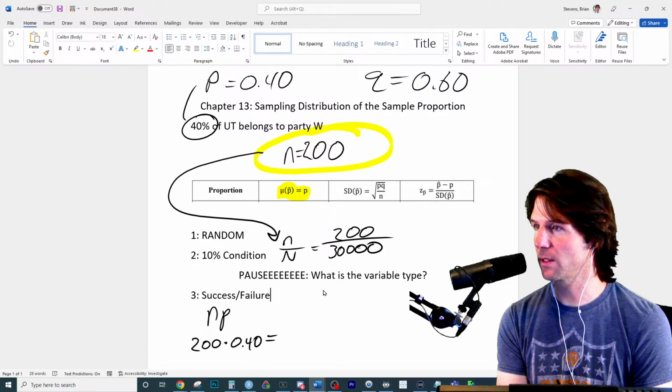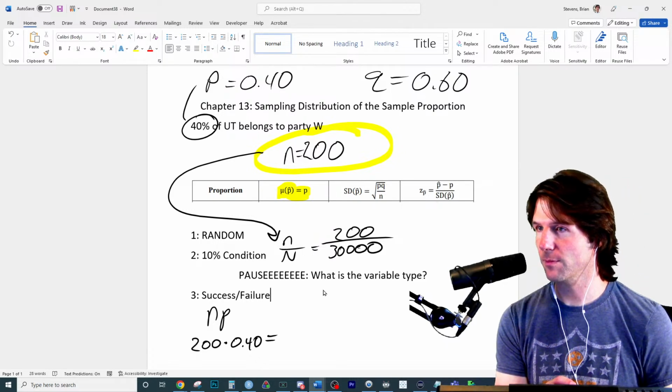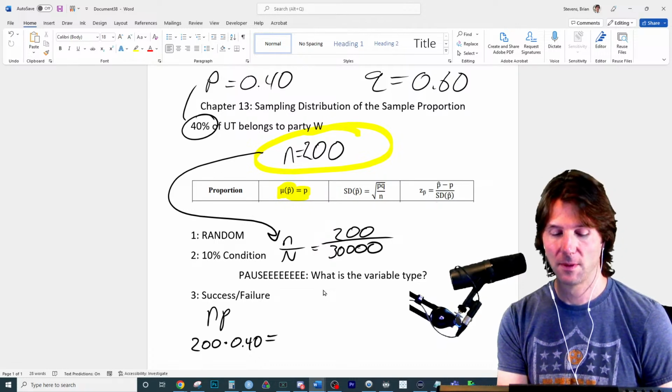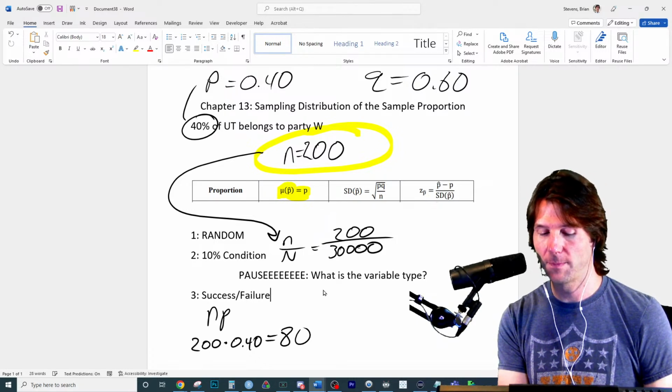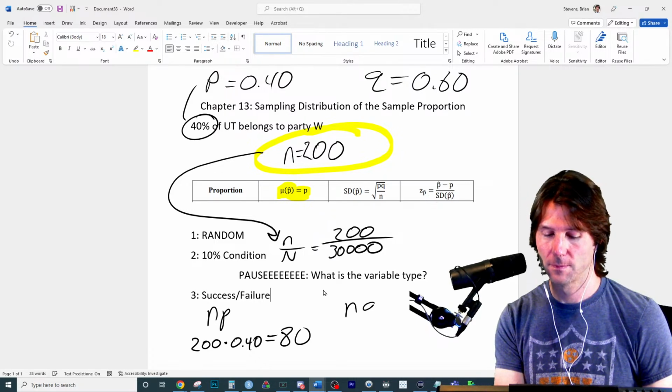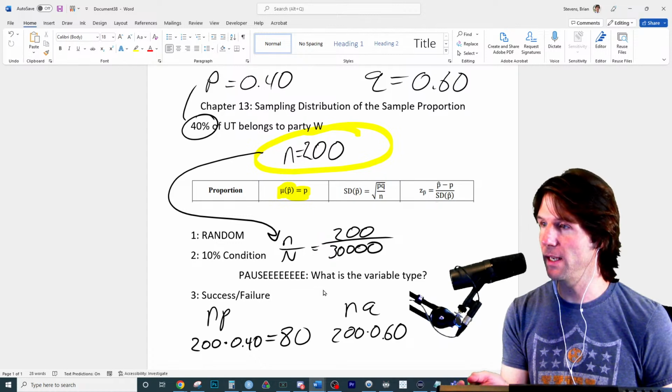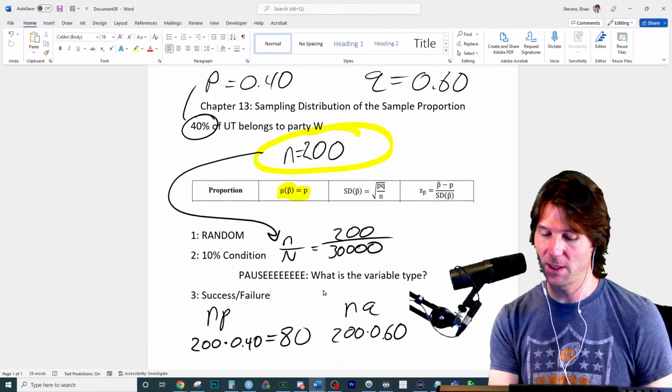How many would you expect? 80. How many would you expect to not be? If you expect 80, then you expect 120 to not be.